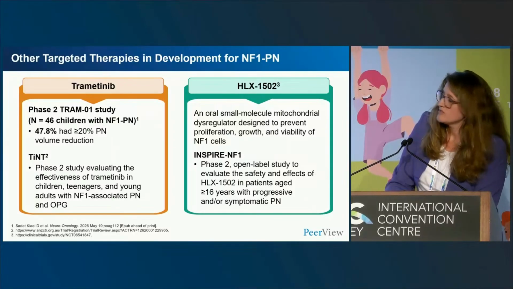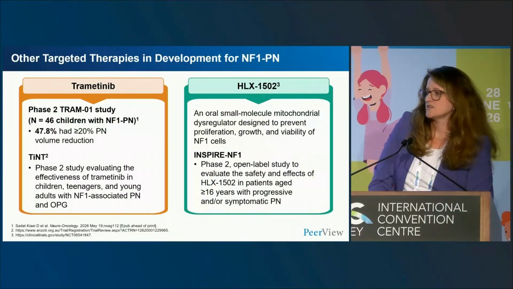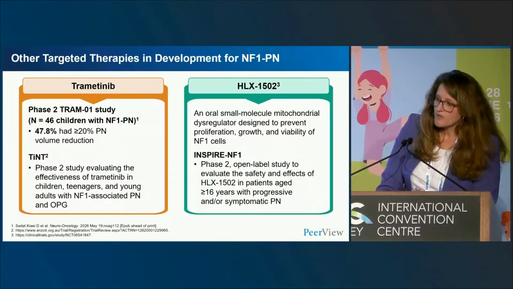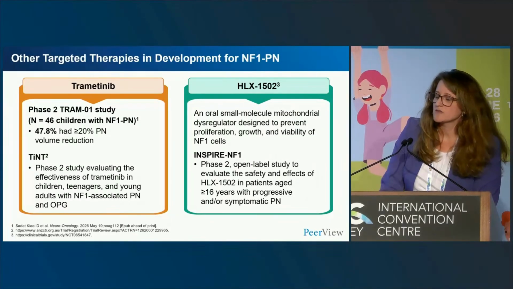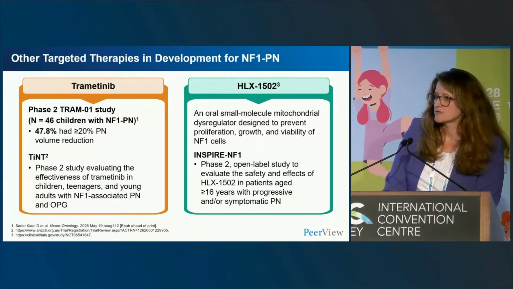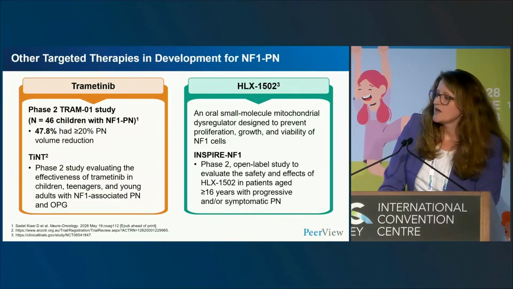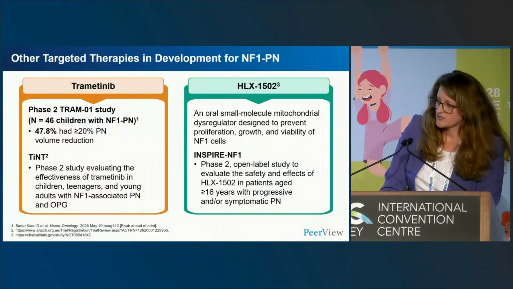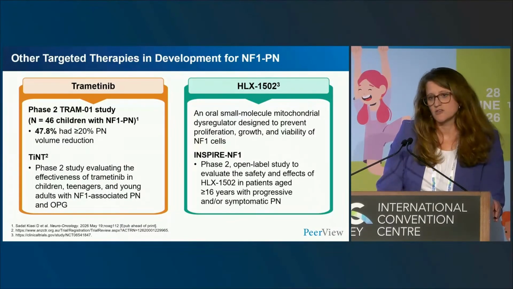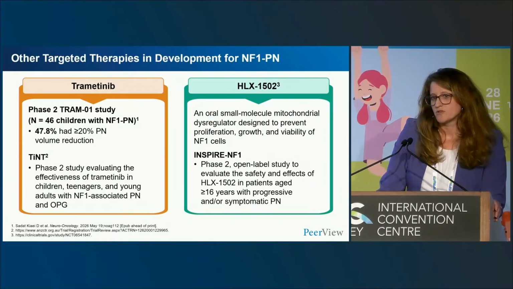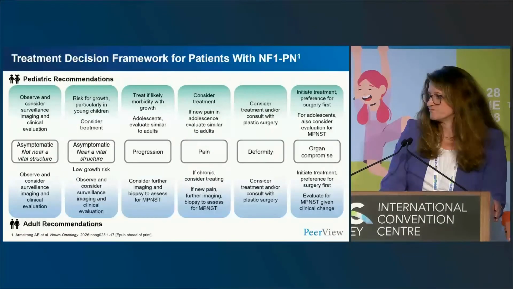And then on the left side of the screen, you'll see the Helix 1502, which is a small molecule inhibitor. It's not a MEK inhibitor. It's currently in a clinical trial through the Neurofibromatosis Clinical Trials Consortium. The INSPIRE NF trial is a phase 2 study looking at an oral agent dosed 3 times a day in children and adults with NF1-related plexiforms.